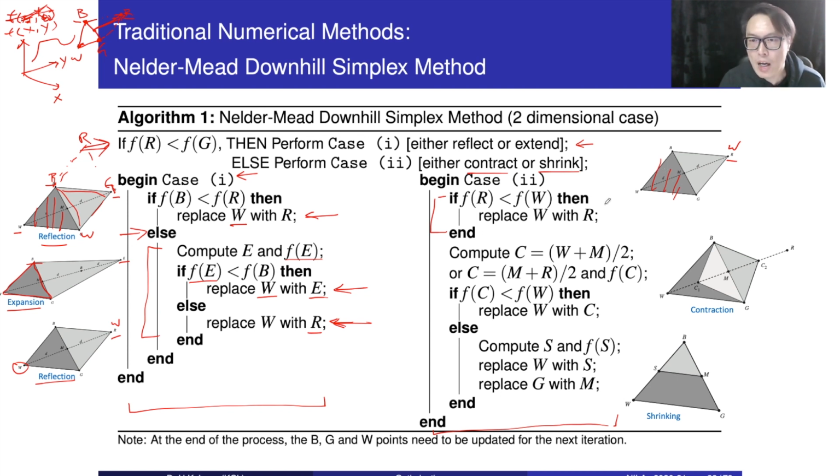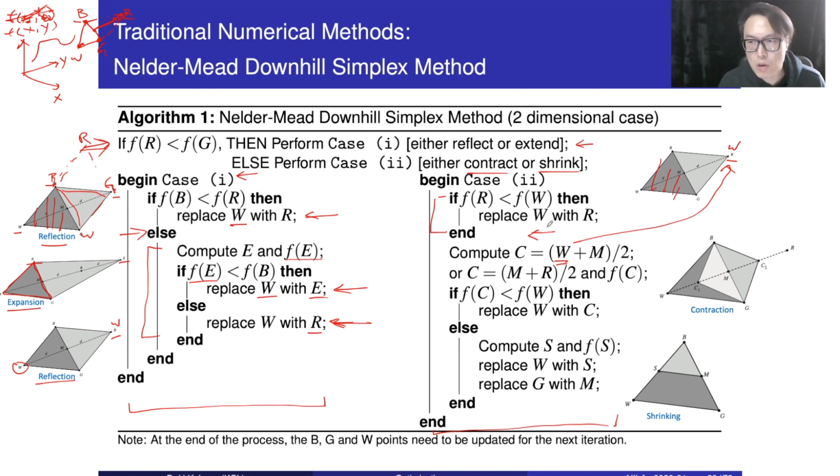So after this point, when we talk about W, that is this new W point, that is the R point. This is something very important we have to take note of.